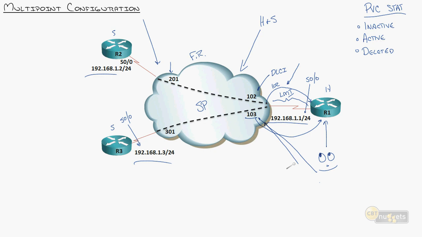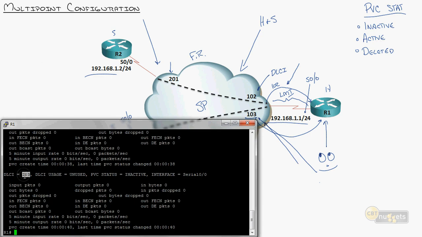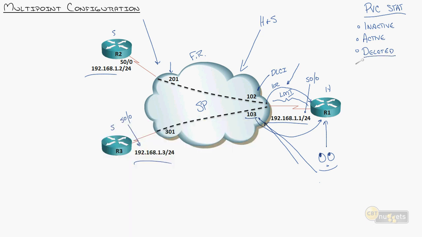Now you might wonder, well, good grief, didn't the service provider give those to you? Yes, they did. Then how can it be deleted? Well, it could either be they gave it to you and then they corrected their configuration, maybe they had a misconfiguration, or more likely you went on your router, we'll talk about this in just a second, and set up a frame relay map.